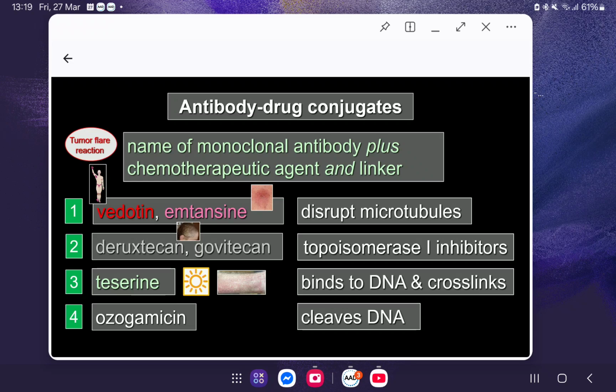And you can see TEC, and you can see tumor flare reaction with vedotin. You can see spider telangiectasias, other telangiectasias with amtansine, which you can respond to propranolol, hair loss with the TCANs, and then you can get photosensitivity as well as CCV and probably GET with the tesserine. Thank you very much.